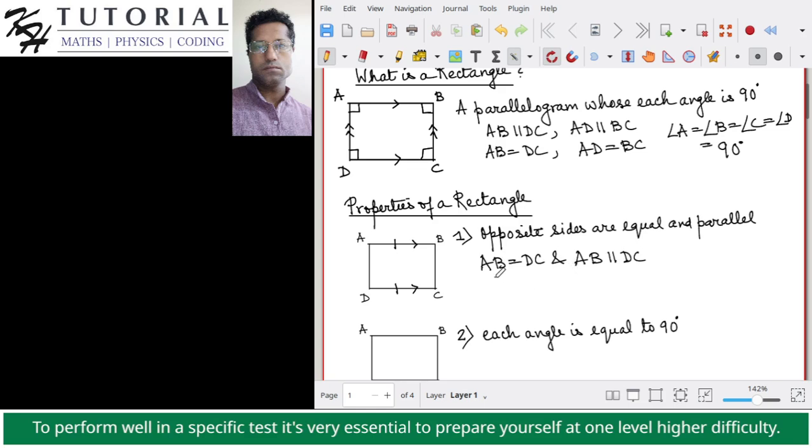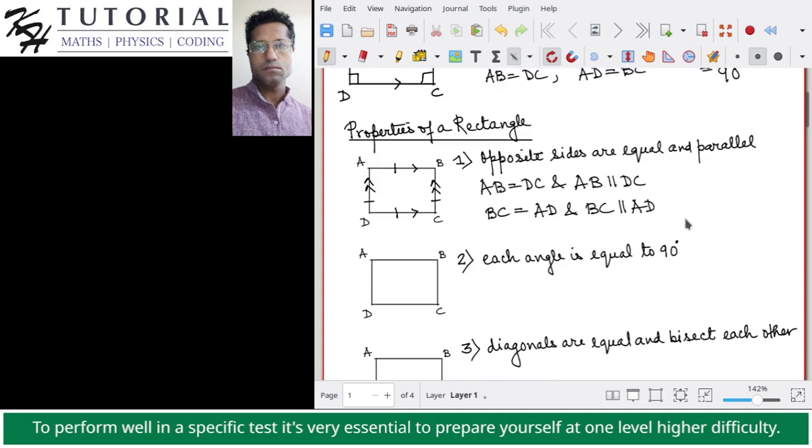The other pair of opposite sides is BC, which must be equal to AD, and BC must also be parallel to AD. This property basically comes from the fact that it is a parallelogram.